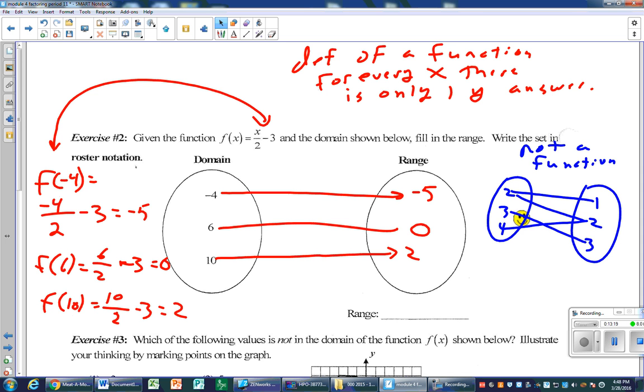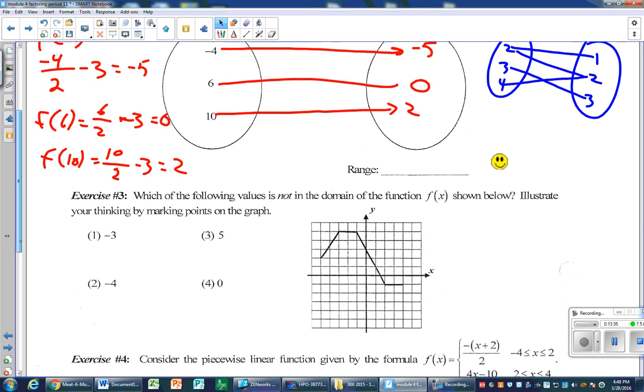That's why it's not a function. 3 goes to 3. That's okay. 4 goes to 2. That's okay. But because 2 goes to more than one answer, it's not a function. The range, list it in braces: negative 5, 0, and 2.